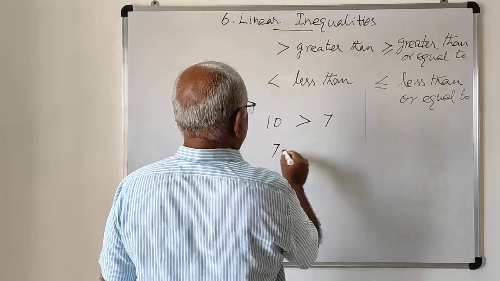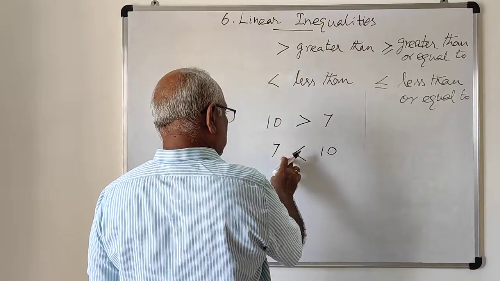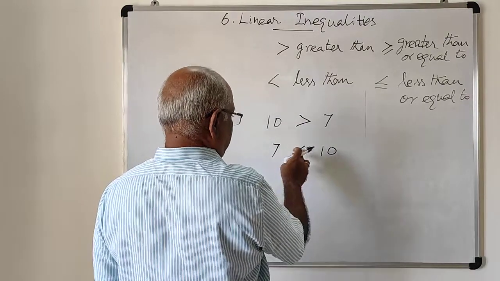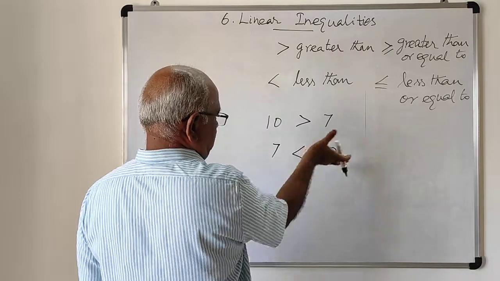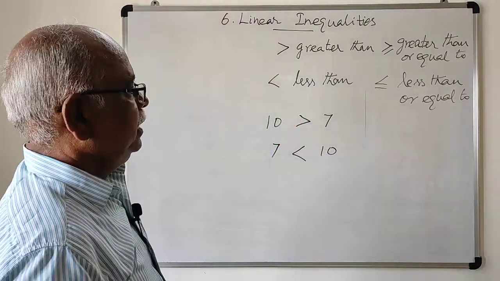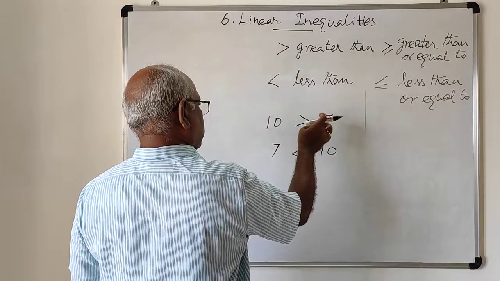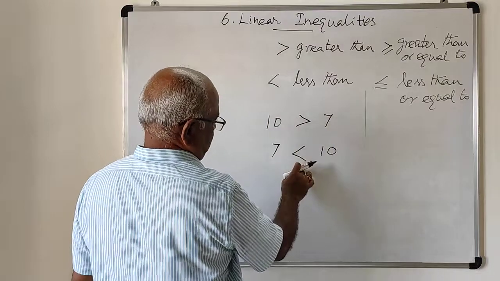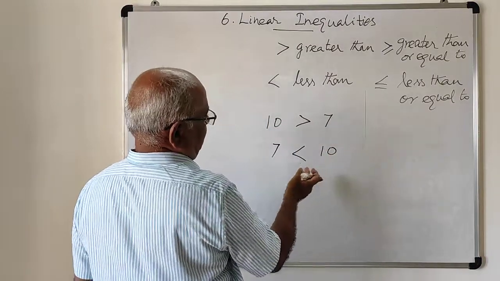Whereas 7 less than 10. In this case also, the sharper one is towards the smaller one. Therefore, this is less than. 10 is the greater number. The open side is towards the bigger number. You remember the sharpened side should always be towards the smaller number, whether it is greater than or less than. 10 greater than 7, and 7 less than 10.